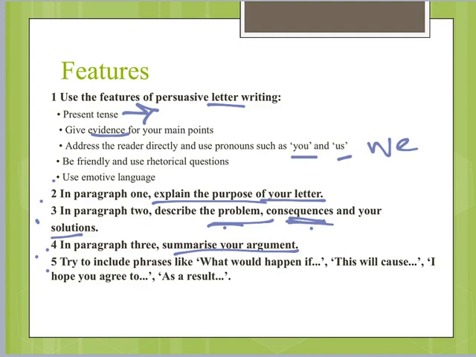Banning us from our breaks will cause us not to focus, or we have so much energy inside our bodies that we would need to get rid of it. I hope you agree to that, for example, whatever. I hope you agree to anything. As a result of banning us from the breaks. Just use these phrases before your problems, consequences, and solutions. And there are also going to be more phrases and words that you could use to make your writing better.